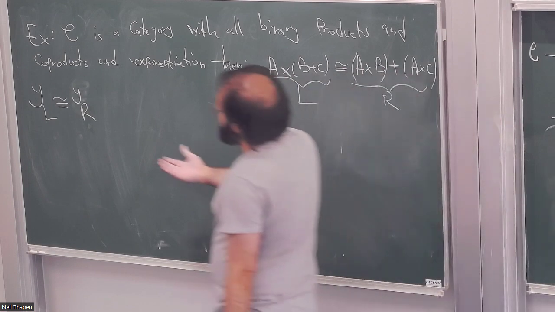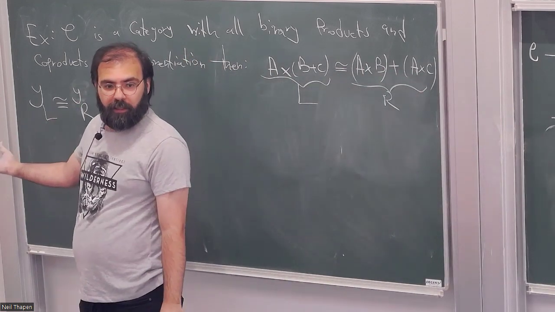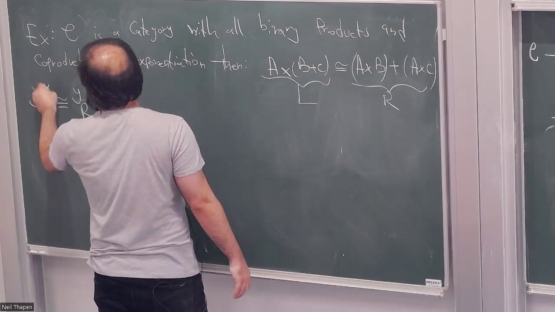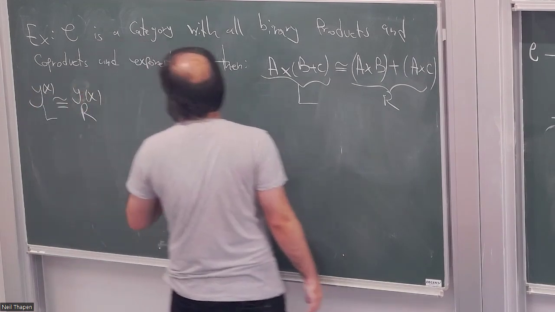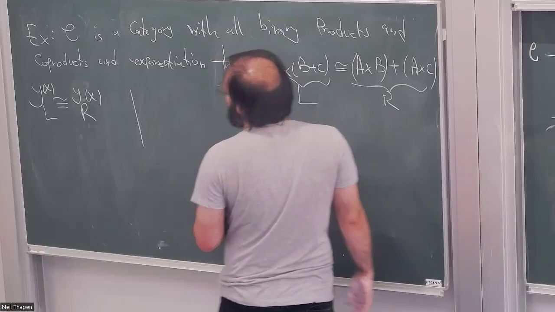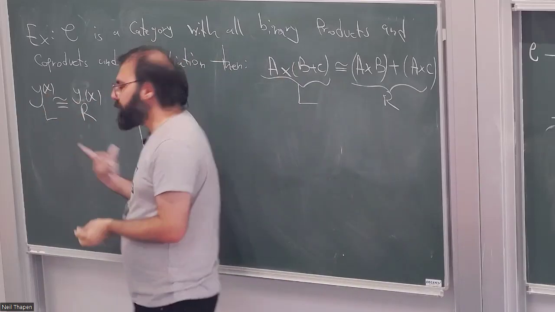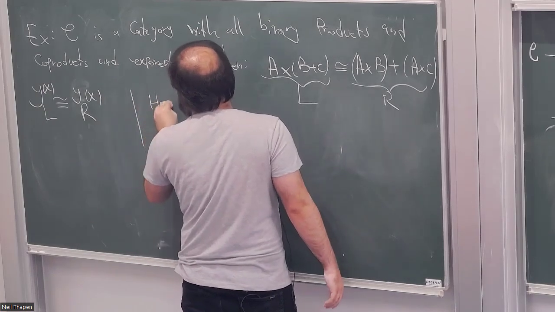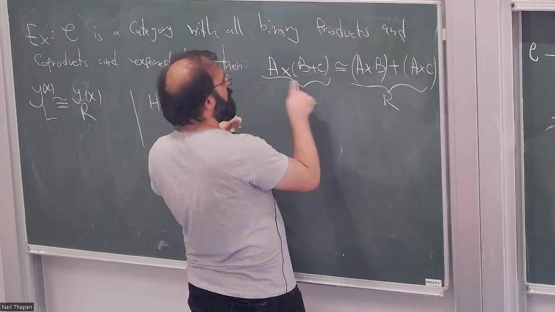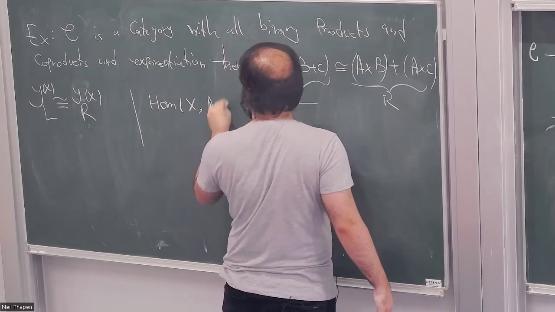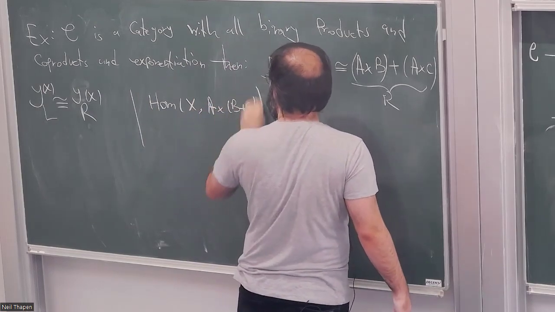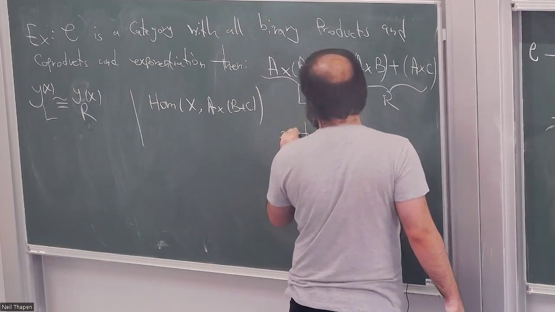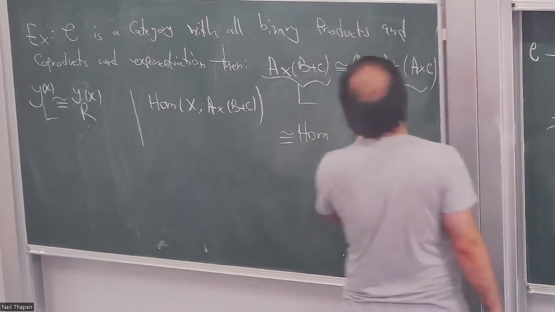Okay, why is it better to work with this? Simply because then I can apply it on X, right? And then come up with something natural in X. And so on X, it would be like this. And I want to show that this is nothing but hom of this.